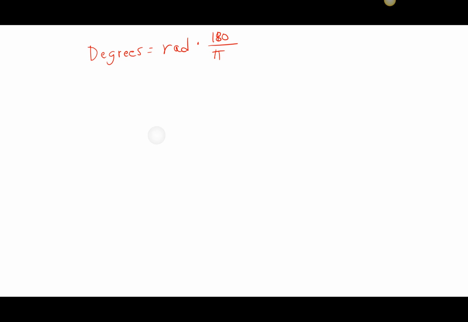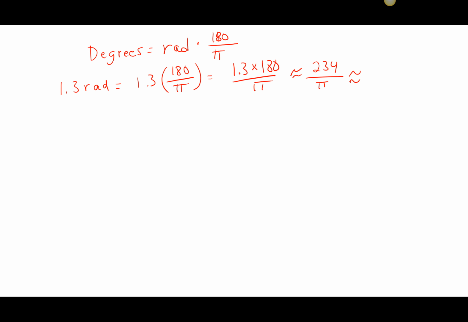Now, let's do this one. 1.3 rad equals 1.3 times 180 over pi. We do that, and that's going to be approximately 234 divided by pi, which is 74.5 degrees.